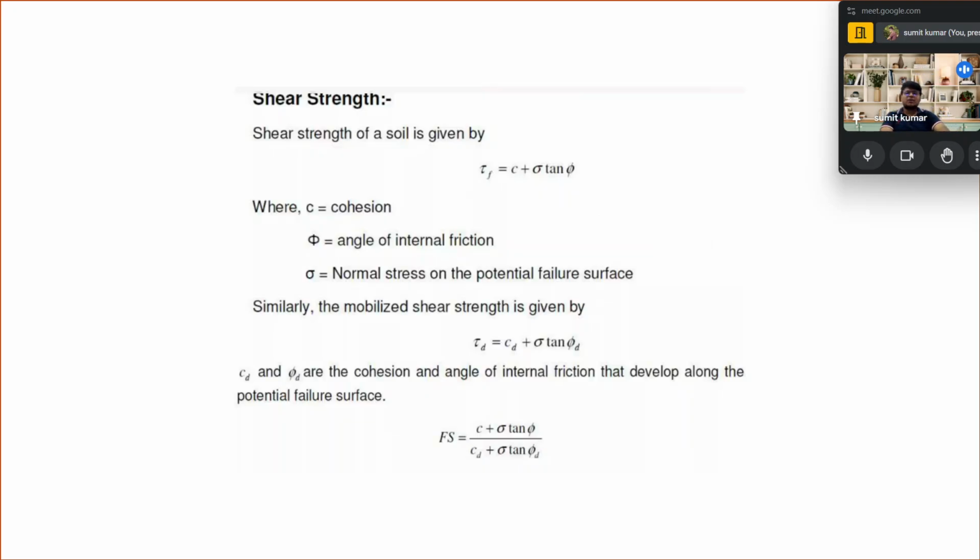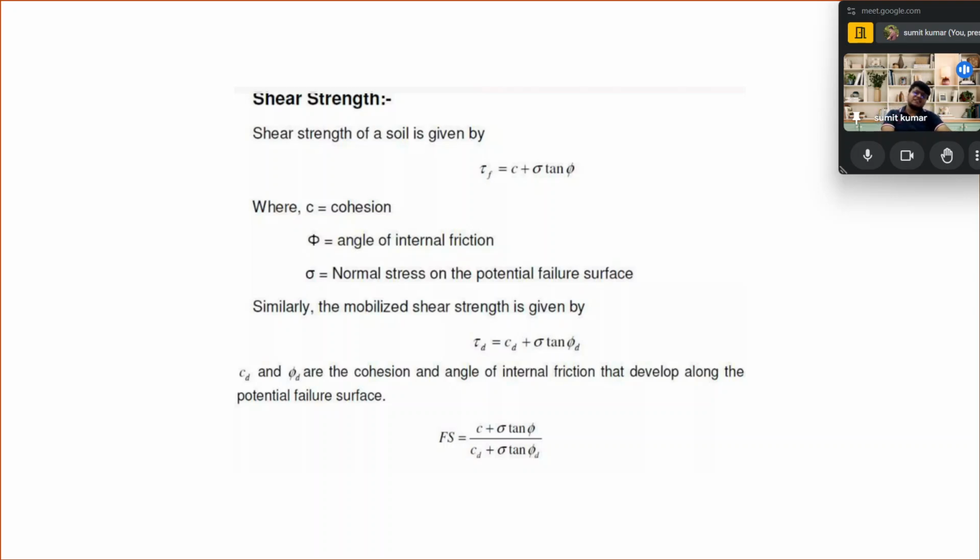Now, the shear strength of soil is given by c plus sigma tan phi, where c is the cohesion, sigma is the normal stress on the potential slip surface, which we have discussed in the last slide as well when we talked about tau f, and phi is the angle of internal friction of the soil.